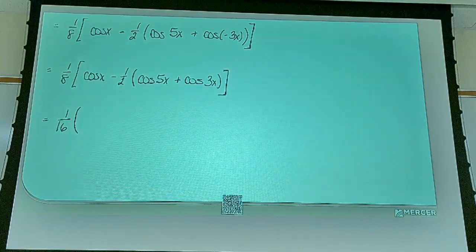What's 1 divided by 1/2? So when you factor 1/2 out of cosine x, you're left with 2 times cosine x.